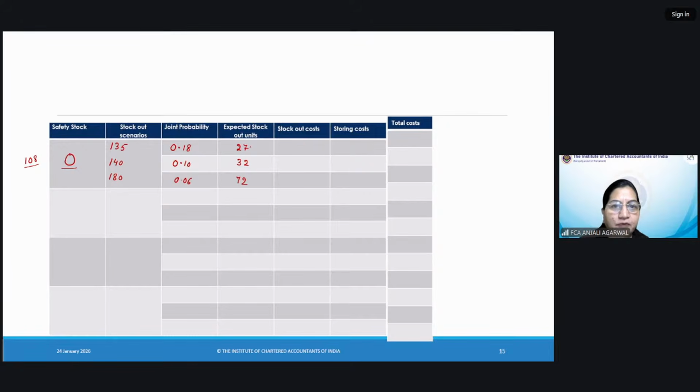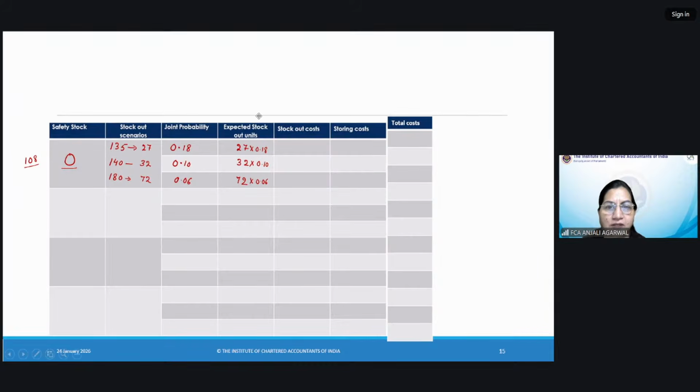The expected would be 27 into 0.18, 32 into 0.10, and 72 into 0.06. Expected stock out units means multiply by the probability. Stock out scenario is 135 and you are stock out by 27. Stock out scenario of 140 with the stock out units of 32. Stock out scenario 180 with the stock out units of 72. So when you add all this, it will be your expected stock out units.